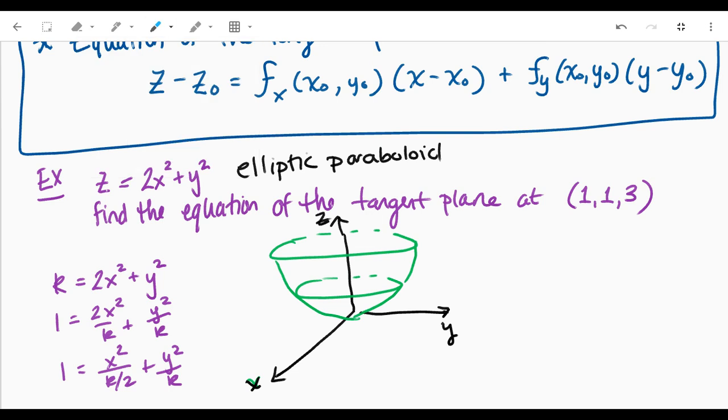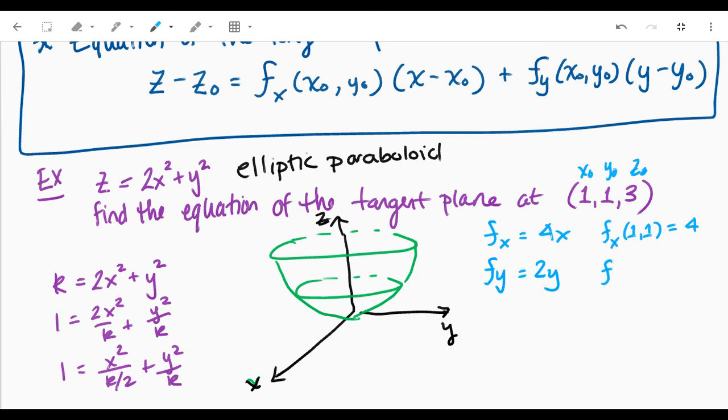So first of all, we want to find our partial in x, which would be 4x, our partial in y, which would be 2y. Okay, remember this is x naught, y naught, z naught. So the partial in x at 1, 1 would be 4.